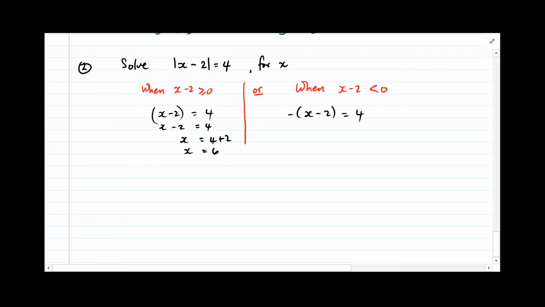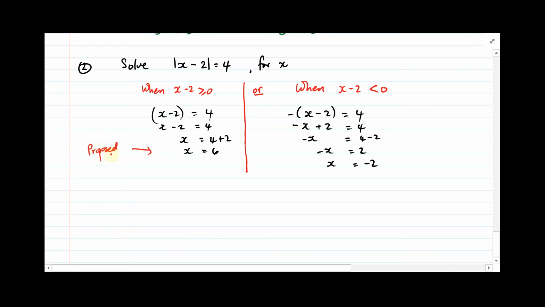We could first divide both sides by -1, but I see that the majority of you are probably going to just expand, and that's all right. So negative x is equal to 4 minus 2. Negative x is 2, hence x is -2. Right? So these are our proposed solutions.